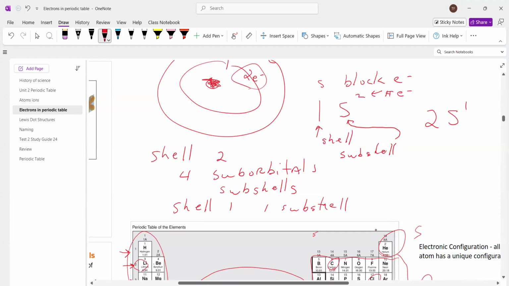So that's the electronic configuration for lithium. We've accounted for all 3 electrons. 2 of them are in shell 1, subshell S, and there are 2 of them. The last one resides in shell number 2, S subshell, and there's 1 in there.